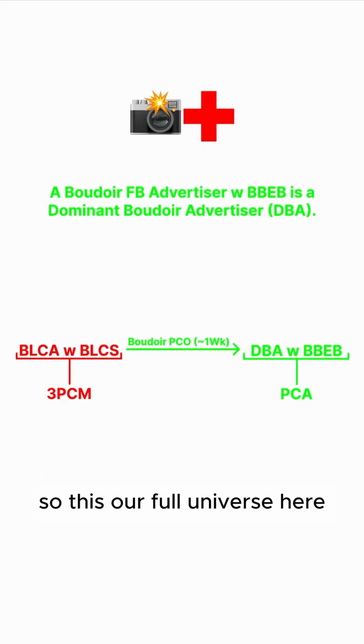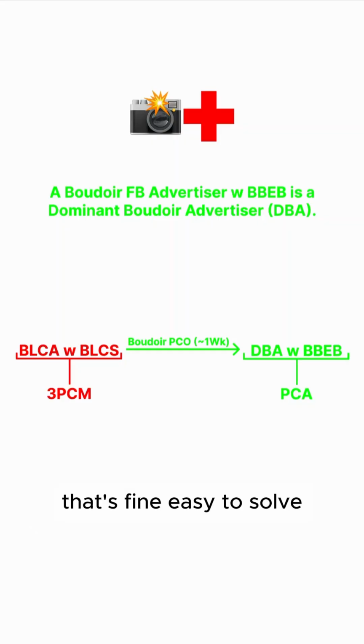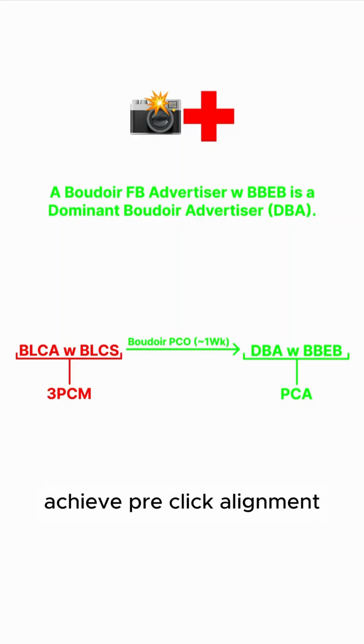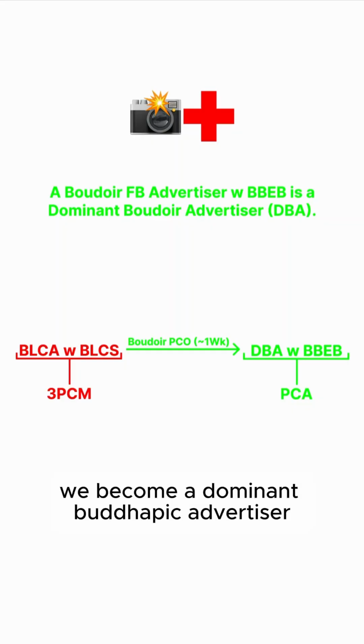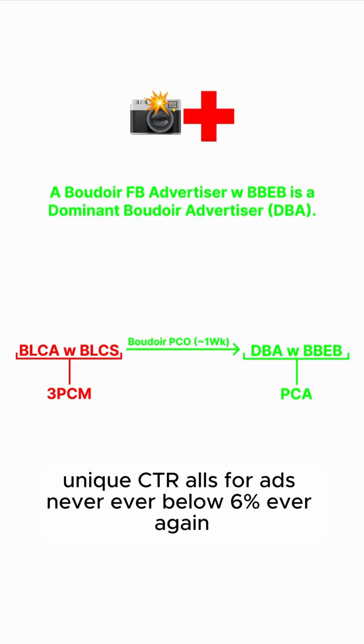So this is our full universe here. A BLCA with BLCS is caused by the 3 pre-click mistakes. That's fine, easy to solve. Treated with Boudoir Pico takes about a week. Achieve pre-click alignment. We become a dominant Boudoir advertiser with Boudoir brain entry boost. Unique CTR all for our ads never ever below 6% ever again.